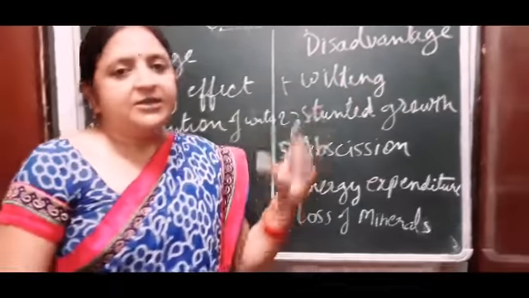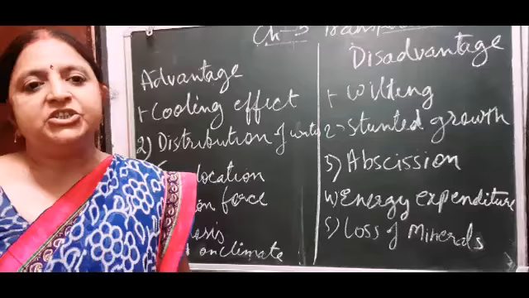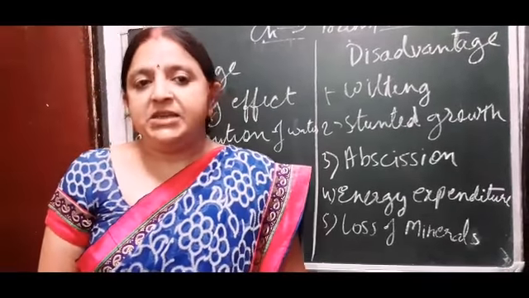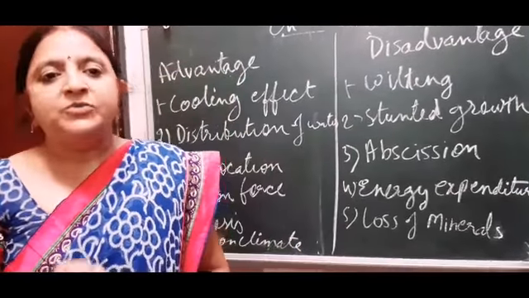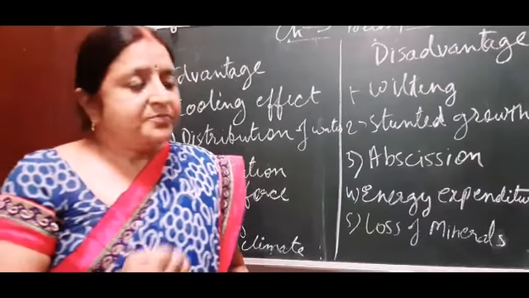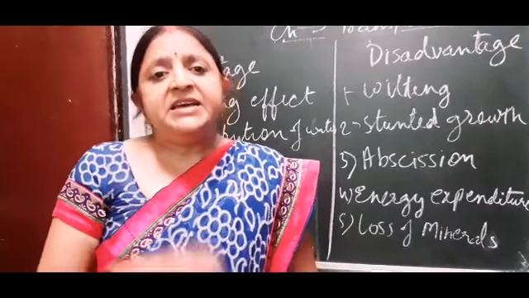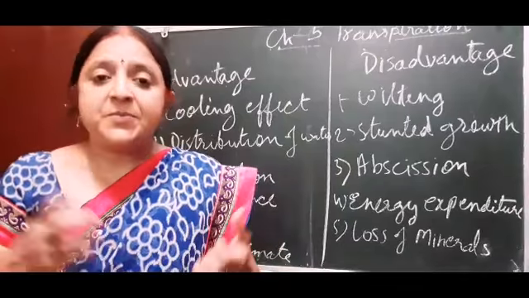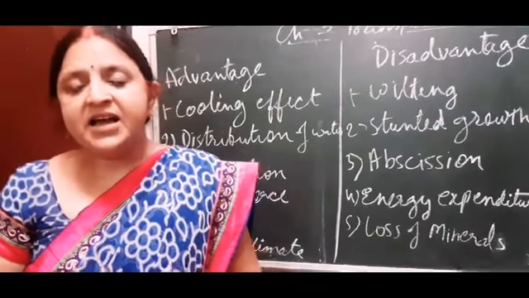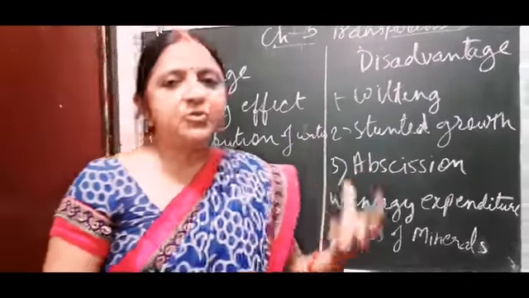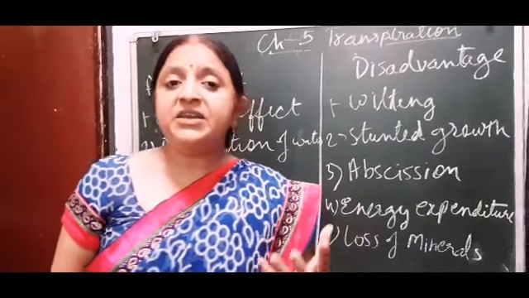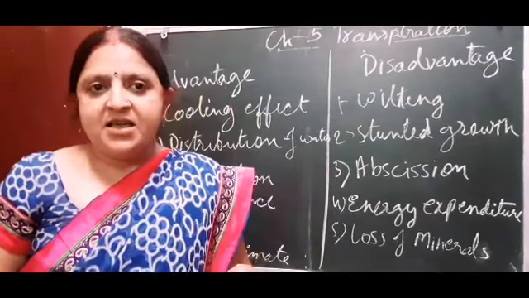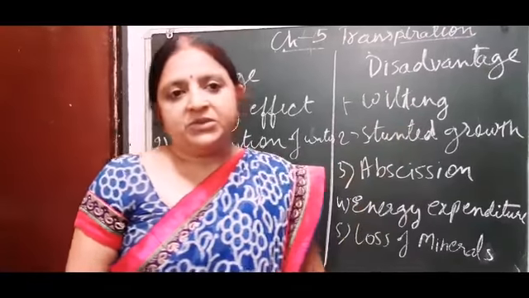Now the disadvantages. Wilting. A high rate of transpiration causes wilting of the leaves. Wilting means drooping of the leaves at midday. At midday, the rate of transpiration is very high because temperature and light intensity are very high at that time, so at that time the rate of osmosis decreases, and it causes the wilting of the leaves.